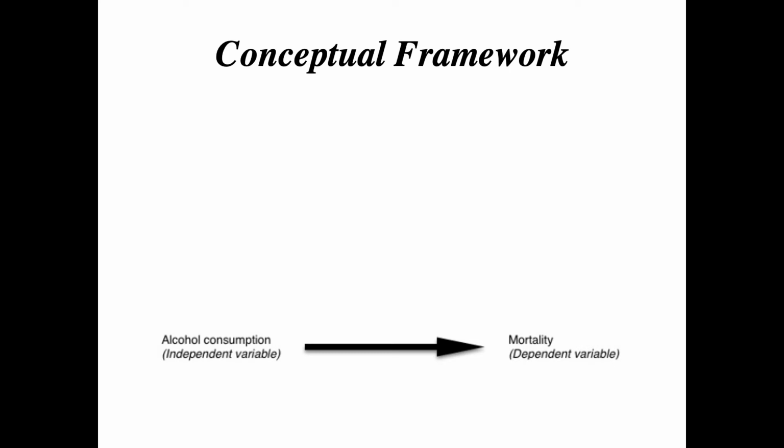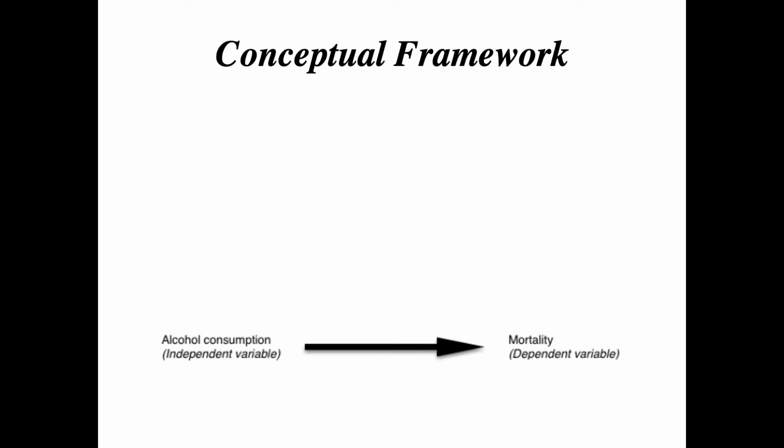And after you initially collected your data and computed the crude relationship between alcohol consumption and mortality, you see that there's a positive association between the two, meaning the more somebody consumes alcohol, the higher the risk of that patient to die after a certain number of years.